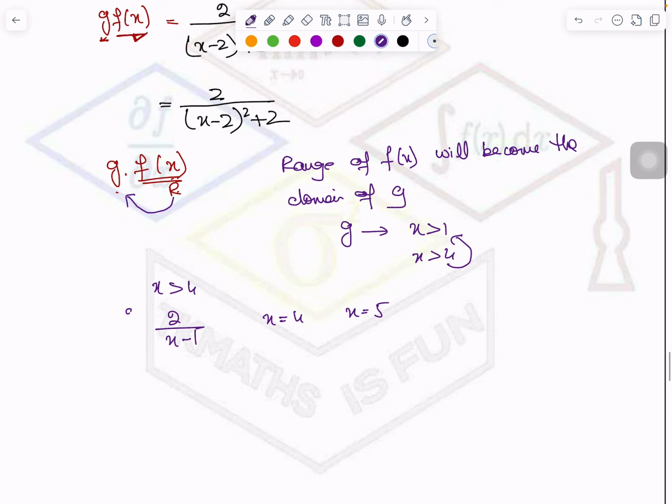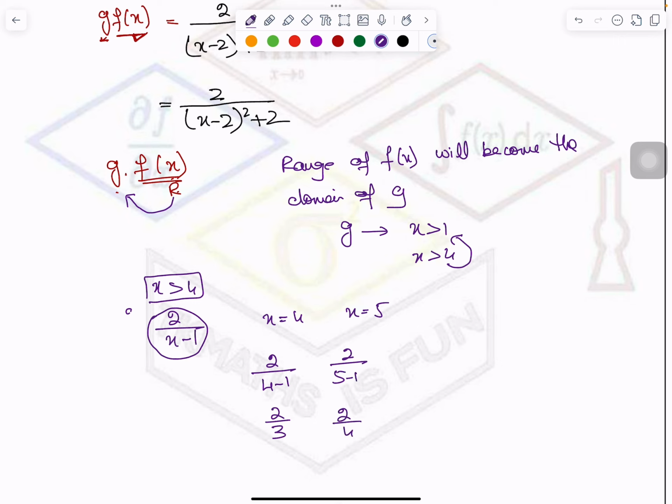When I put x equals 4 in it, it is 2 divided by 4 minus 1, which is 2 upon 3. Now substitute 4, because you have to take values greater than 4. So now if you substitute 5, 2 upon 4. Substitute 6.